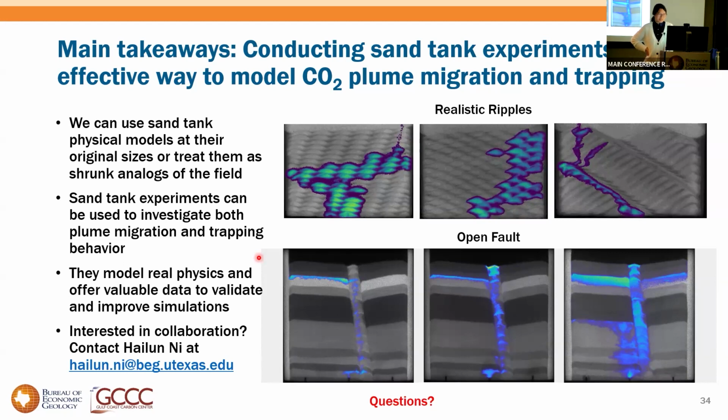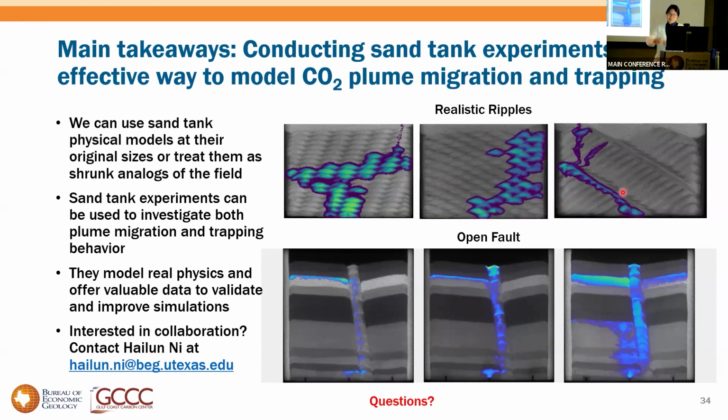Yeah, that's a very good point. And I have two points in reply. The first one is, yes, lateral migration is definitely an important aspect to investigate. For example, all of these heterogeneities are very effective in blocking vertical migration of the plume.